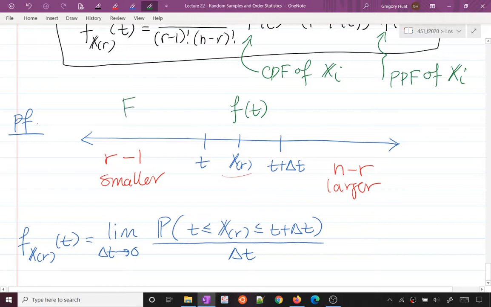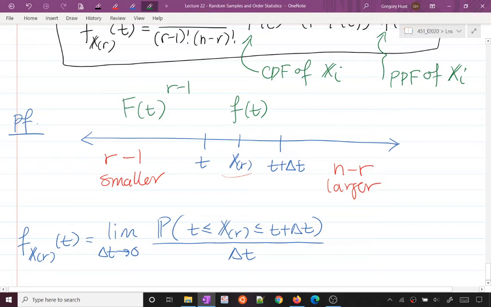The probability I have r minus 1 smaller than t is the CDF to the r minus 1 power. That is, the probability that any of my random variables in my random sample is less than or equal to t would be F(t). But if they're independent, I have r minus 1 of them, so it should be F(t) to the r minus 1.